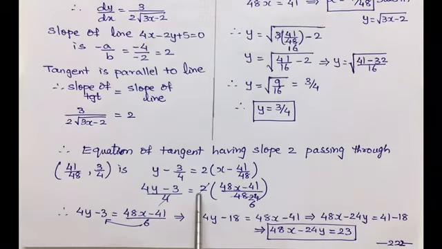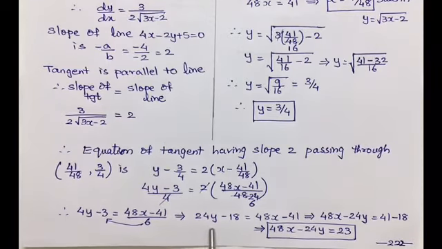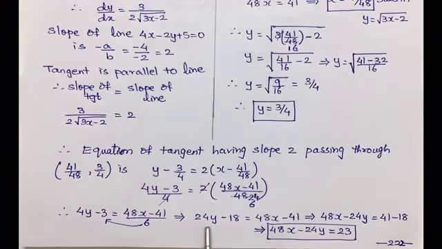Going for the cancellations on both sides, we get 4y minus 3 is equal to (48x minus 41) upon 6. Taking the 6 to the other side with the help of cross multiplication, the equation gets converted into 24y minus 18 equal to 48x minus 41.